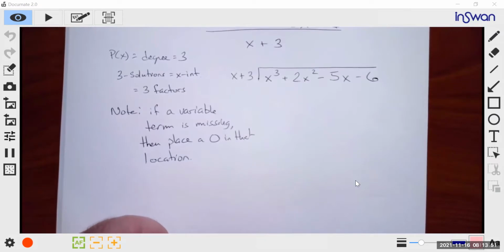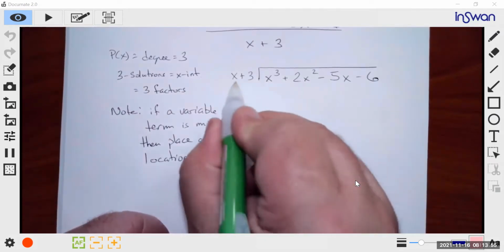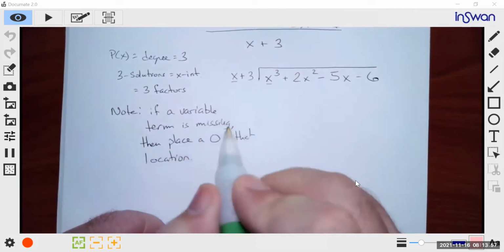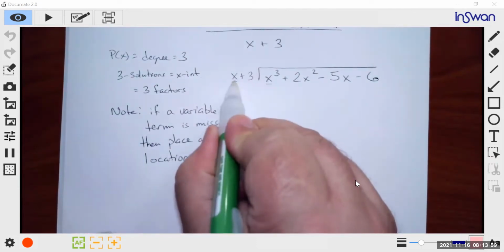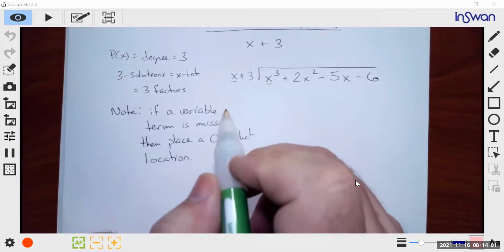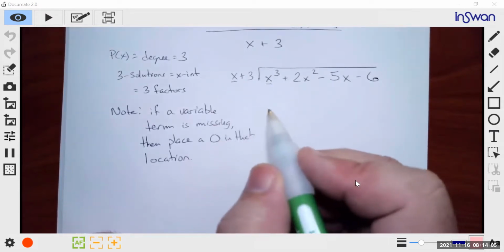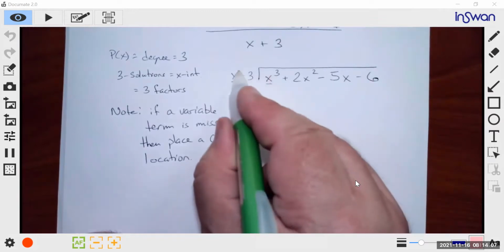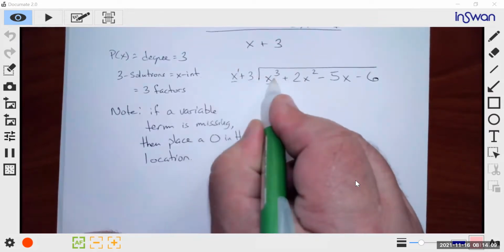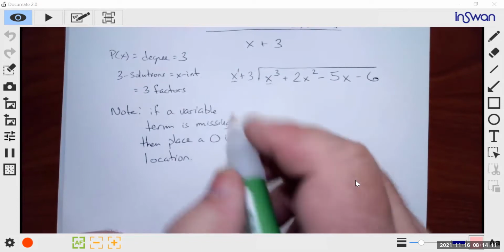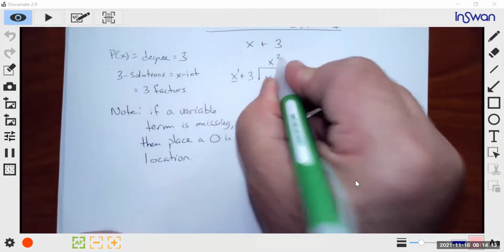So what do I do first? Look at the leading terms. What times x gives me x cubed? We have 1x here. How many more do we need? Yep, we need 2 more x's, so x squared.